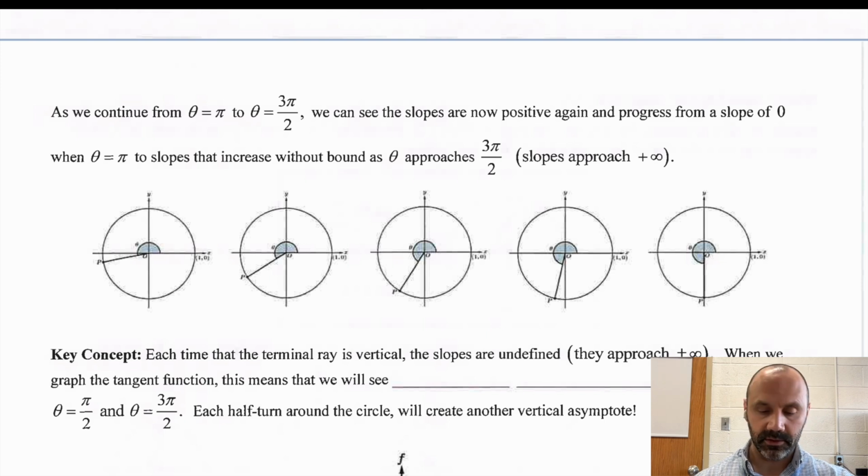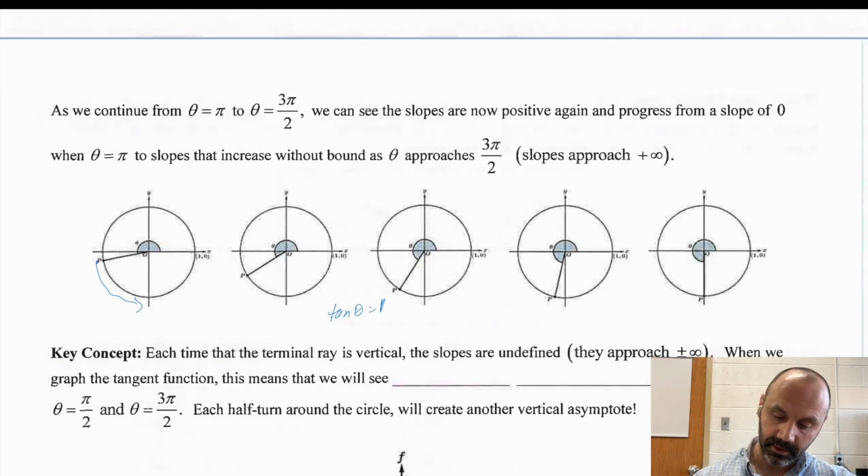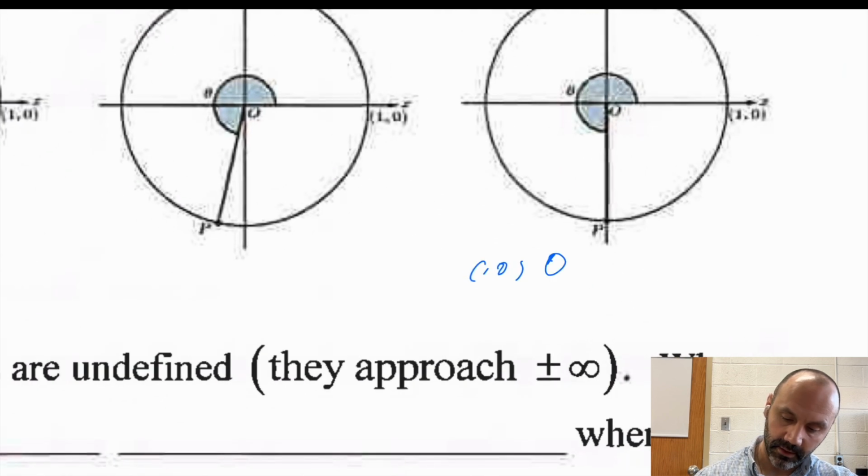We're going to see the same kind of pattern here. So going from 0 to here, this is a value of 1, so tangent of theta is 1, and increasing. So it's from 0 to 1, and then here, again, we have an asymptote because cosine of theta equals 0.